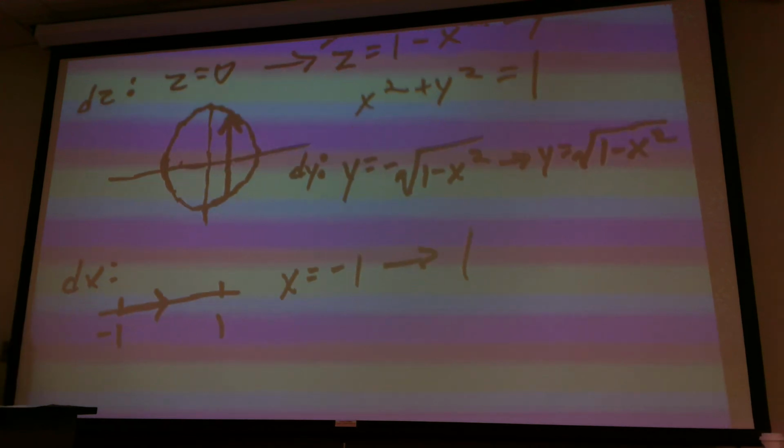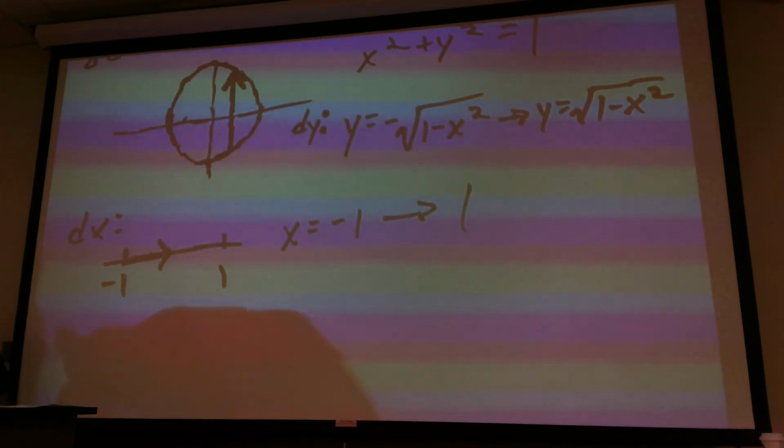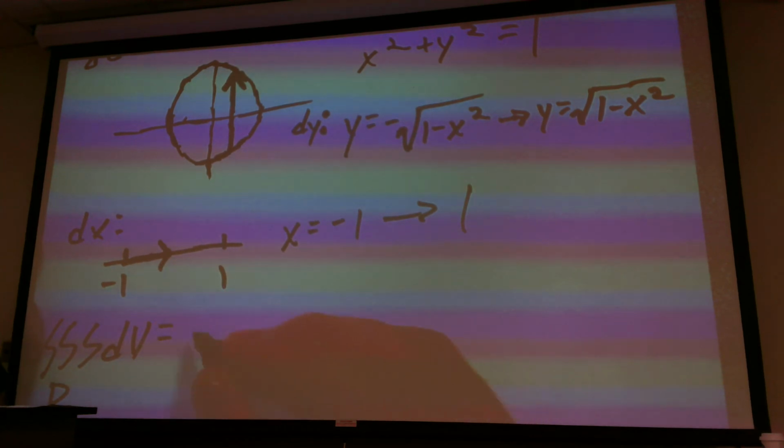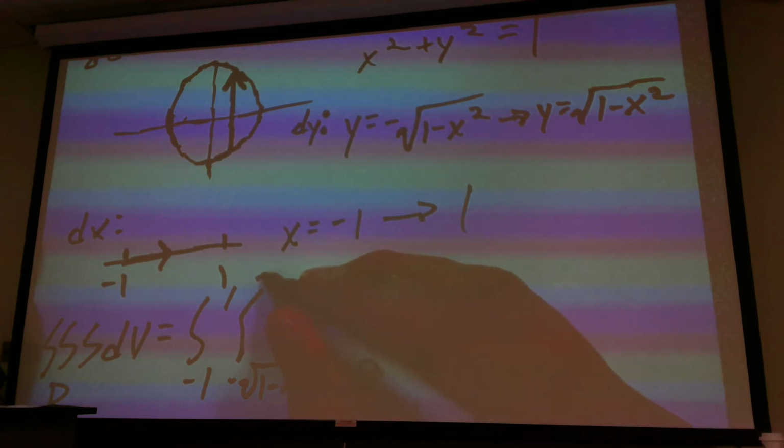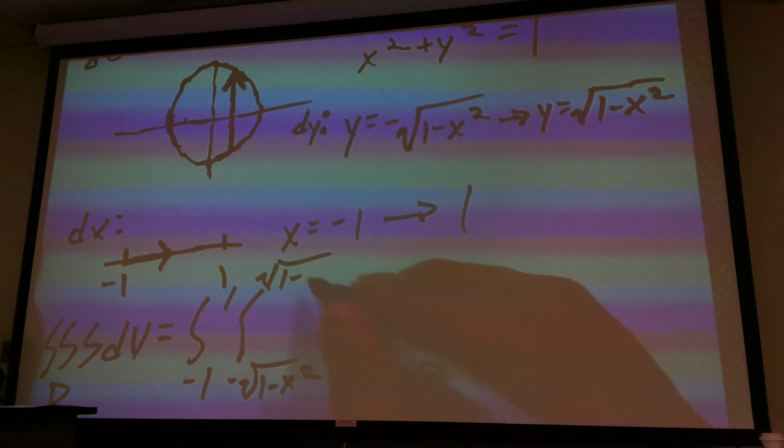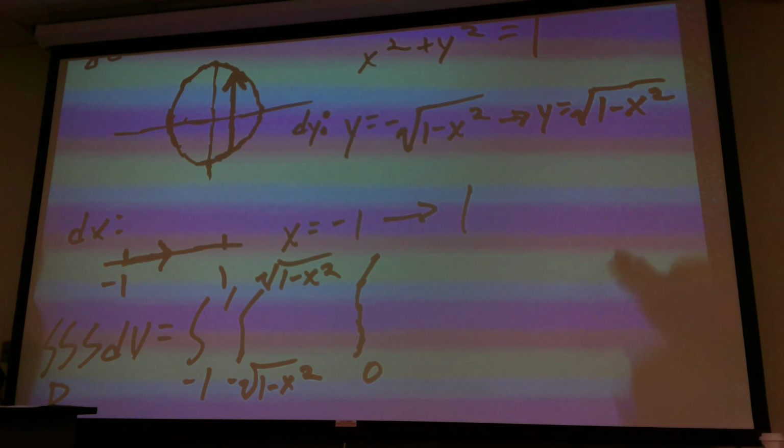So, the triple integral dV would equal the integral from negative 1 to 1, the integral from negative square root of 1 minus x squared to positive square root of 1 minus x squared, and the integral from 0 to 1 minus x squared minus y squared.